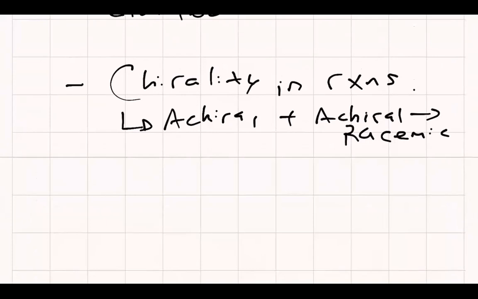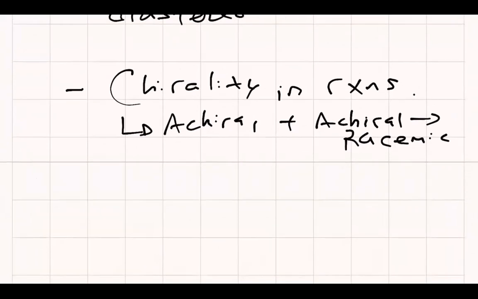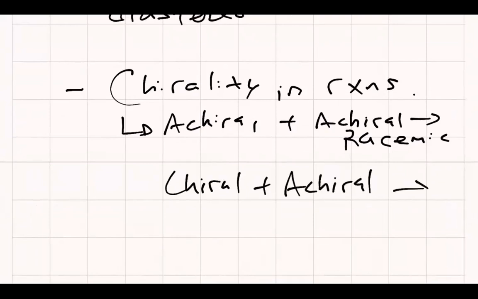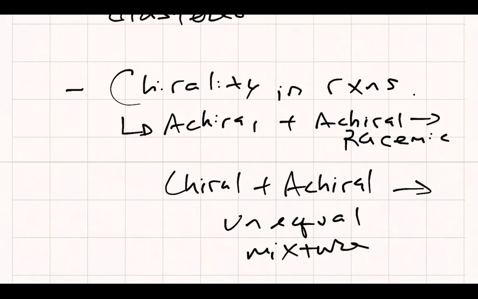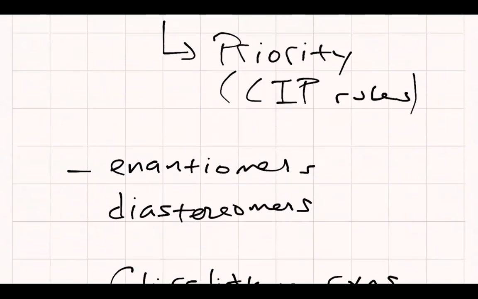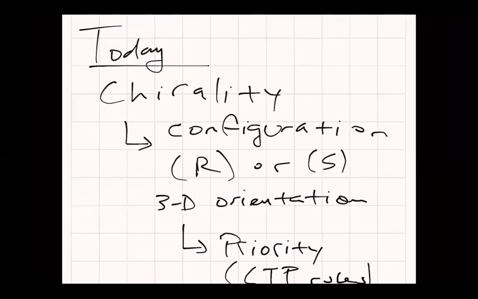All right. And then if you take something that's chiral plus something achiral, then it's going to give you an unequal mixture. Right. We'll talk more about that when we get to it. But all of these ideas come out of this concept of chirality, right?